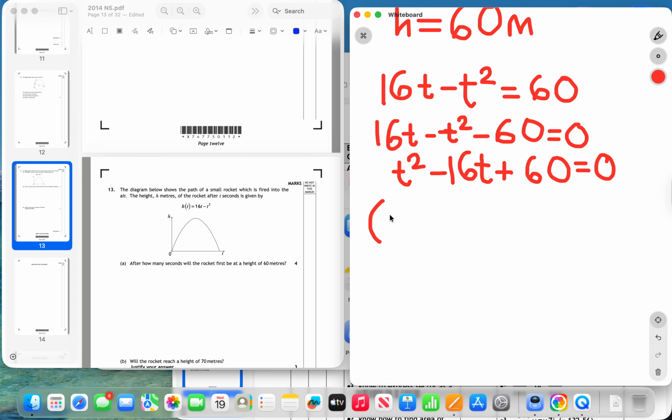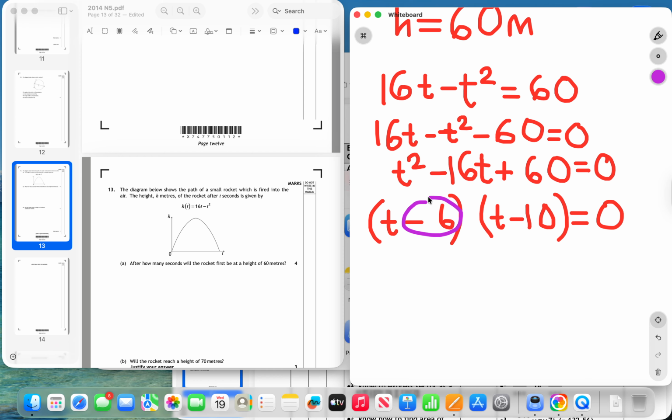So we will then do t minus 6 and t minus 10. Yes, we've got the -6 here, and we've got the -10 here.